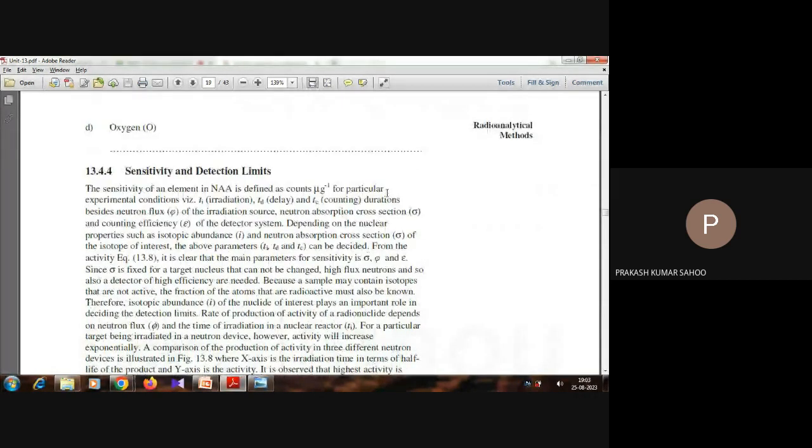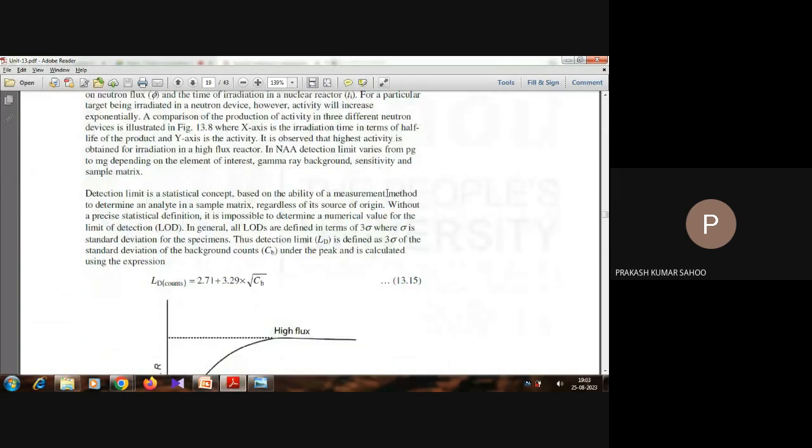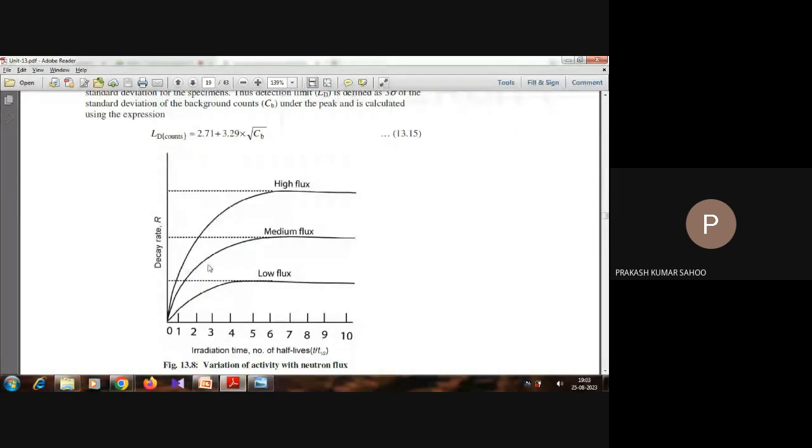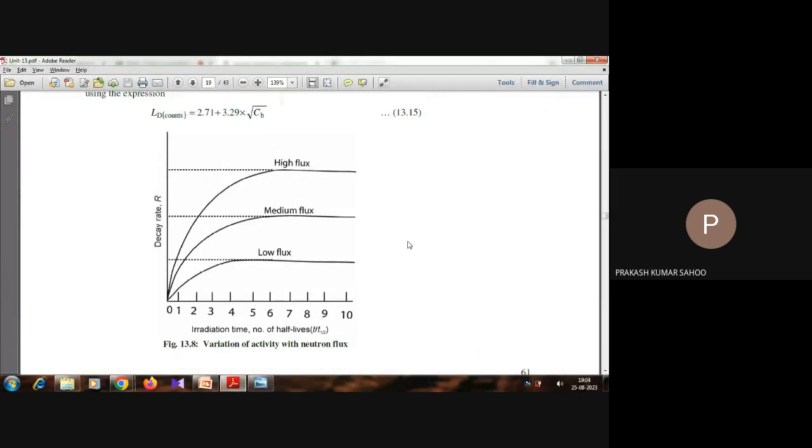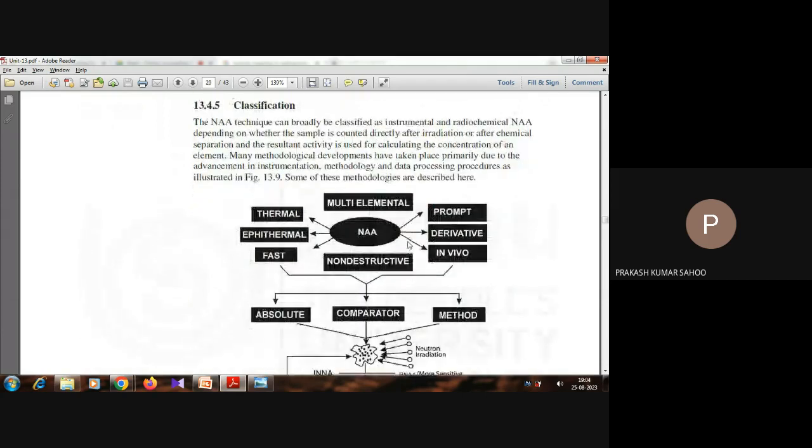Then the sensitivity and detection limit of NAA. Okay, so these are the equations. What is the flux with decay rate? It is given here. Then we have some classification: NAA is classified as prompt, delayed, in vivo. Then we have thermal, epithermal, then fast, if it is non-destructive.